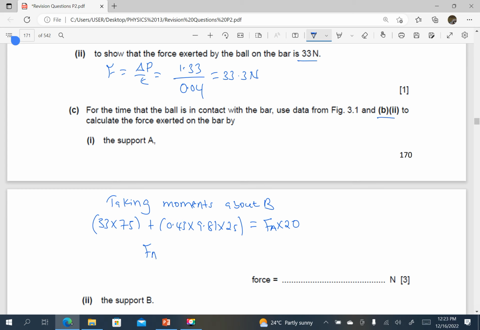And we just solve for FA. So this is 129 newtons, or approximately 130.